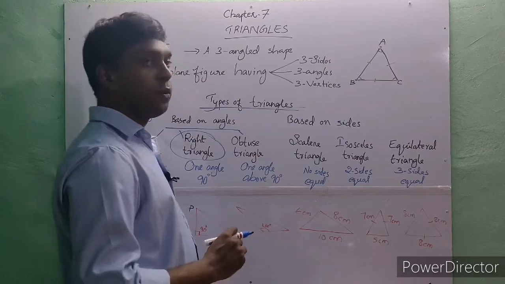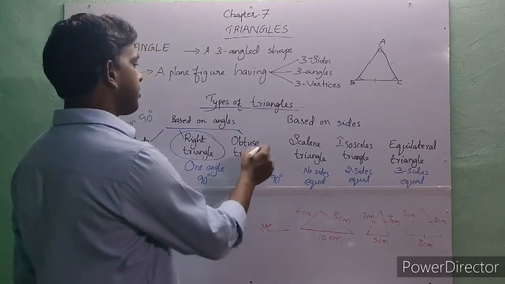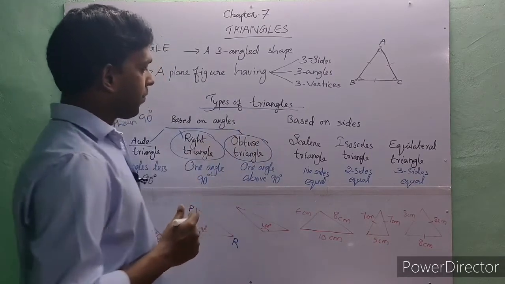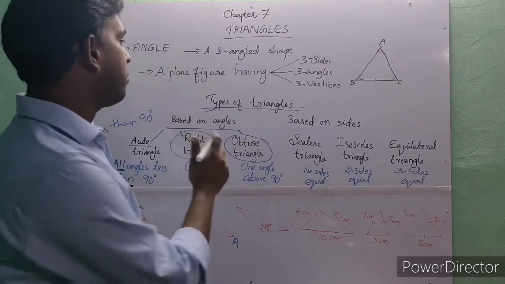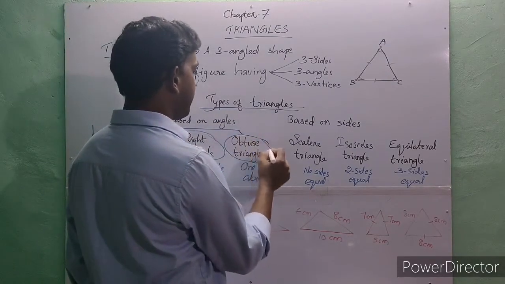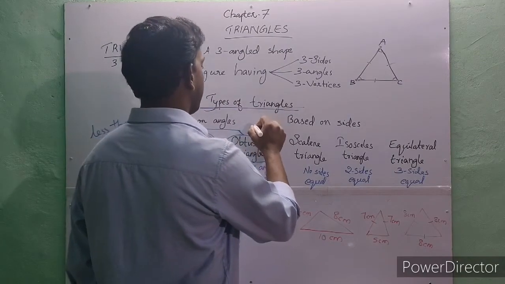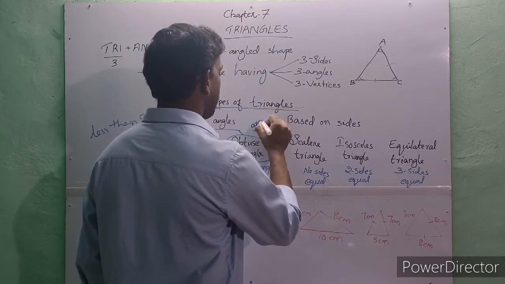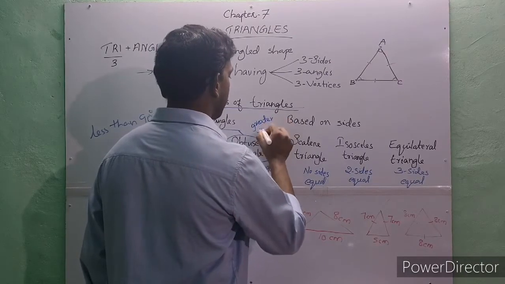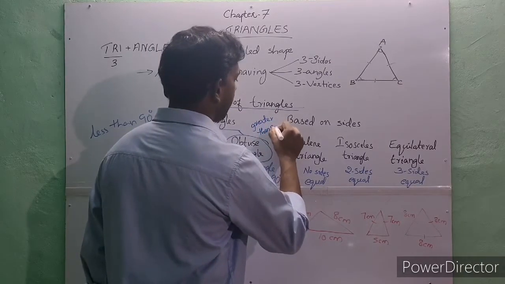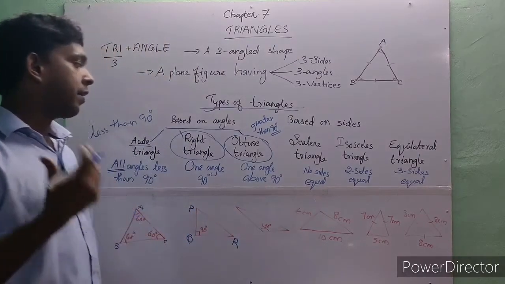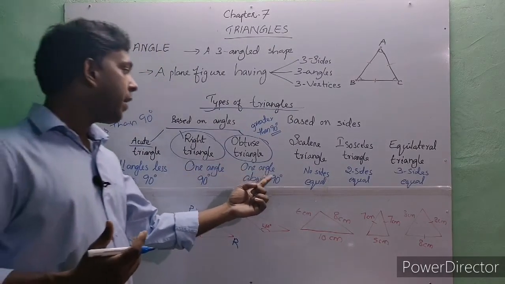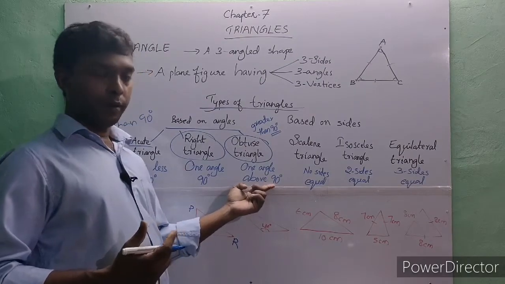Now let's look into the next category, that is the obtuse triangle. What do you mean by obtuse? The moment we hear obtuse, what should come to our mind? Obtuse means greater than 90 degrees. So an obtuse triangle is a triangle whose one angle is above 90 degrees.